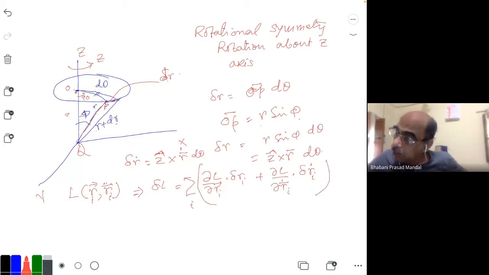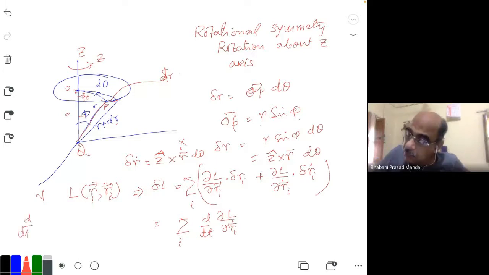So let me write the sum over i of del L del r i, which is d/dt of del L del r i dot vector, because the Euler-Lagrange equation is d/dt of del L del r dot equals del L del r.